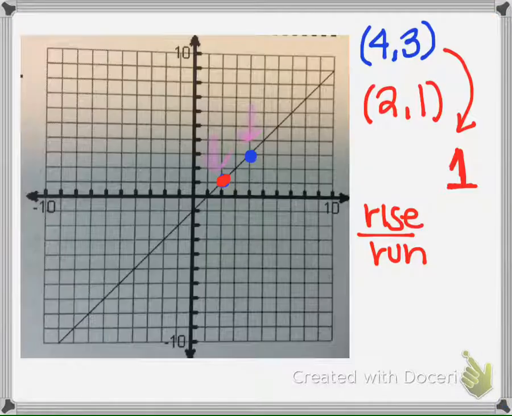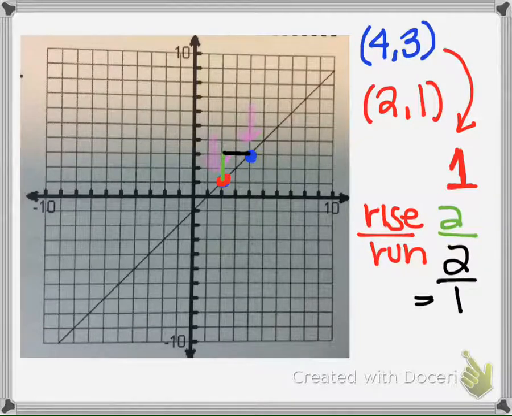Now let's look at a graph and see if it works. So we're going to go rise, 1, 2, and then we're going to run, 1, 2, and notice we get 1. So all we're doing is we're doing the same thing we did in the first part of this lesson, which is to find the slope using rise over run given a graph, and now we just don't have the graph. So we're finding the change in the y and the change in the x.